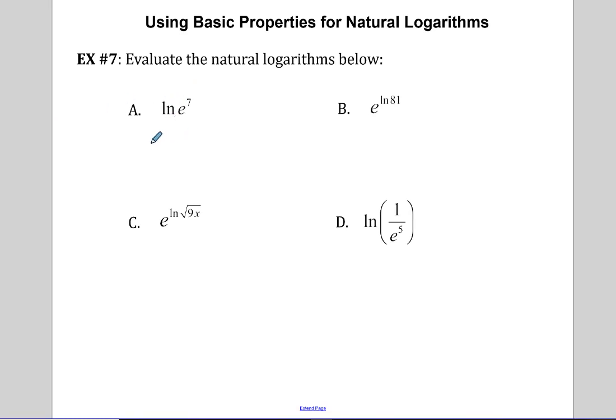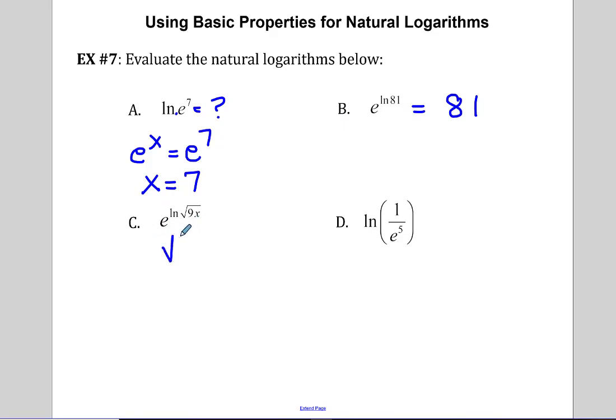In this case, the base here is e, and we're looking for what power? So e to the power is e to the 7 when the power is 7. Here, e to the natural log is just the number. The number is 81. This is the same as this one, just different.